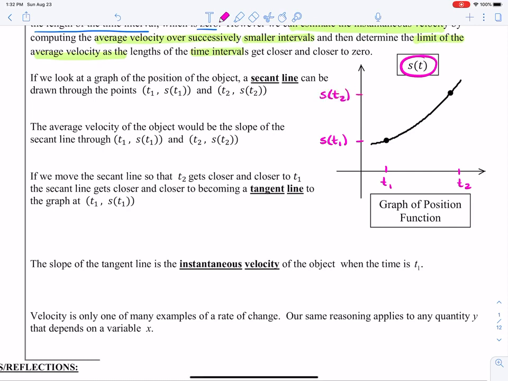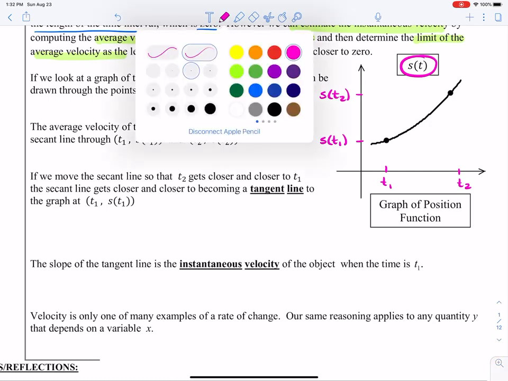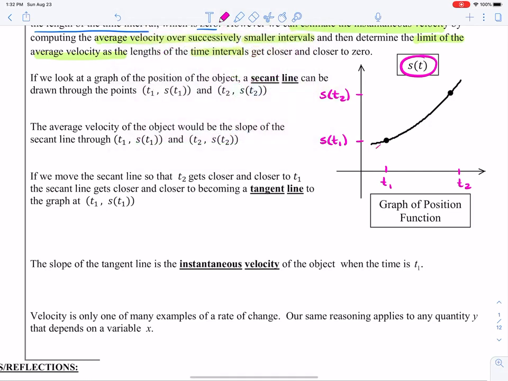Now, if I look at this graph and I connect a secant line between these 2 points and find the slope of that secant line, that would be my average rate of change. So my secant line drawn through T1, S of T1 and T2, S of T2 would be my average rate of change.